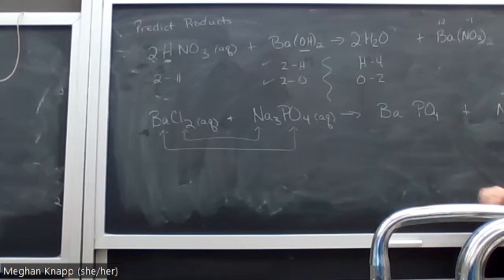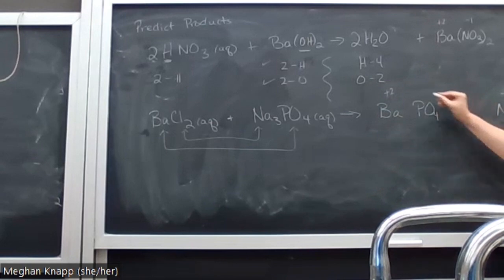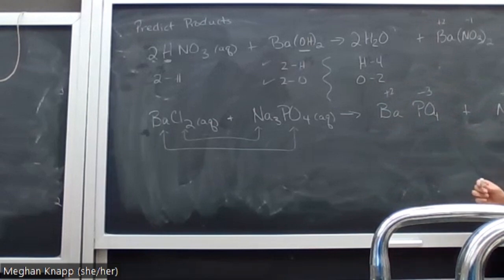Barium phosphate is going to be a little trickier. We said barium was +2. Phosphate is what? Negative, but not -2. It's -3. So that's not one we deal with very often, but it is on our list of things. So we're going to have to do that rule where we swap the numbers.